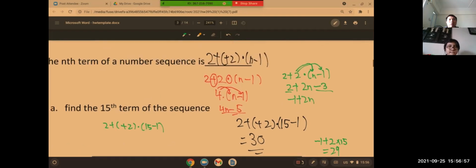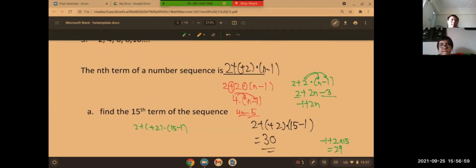By the way, for the question above, do you see your second arrow? What's your second arrow? Read it out. Minus 2 plus 1?